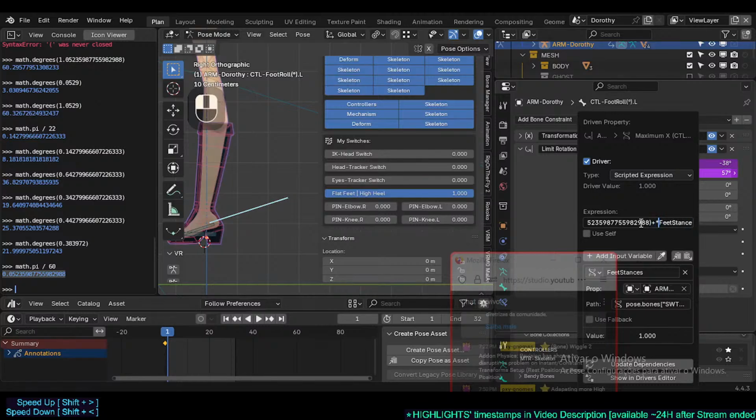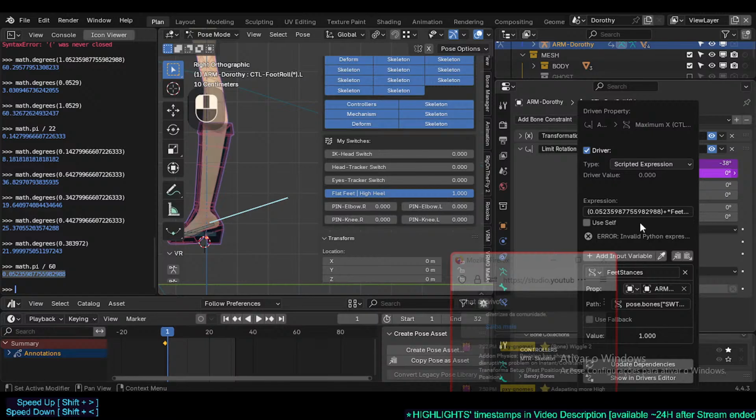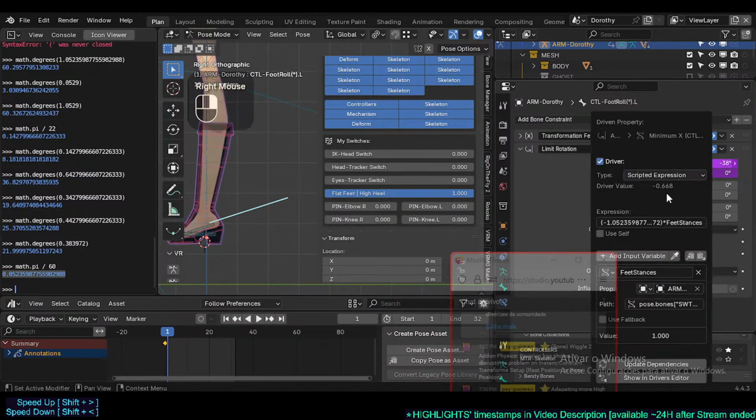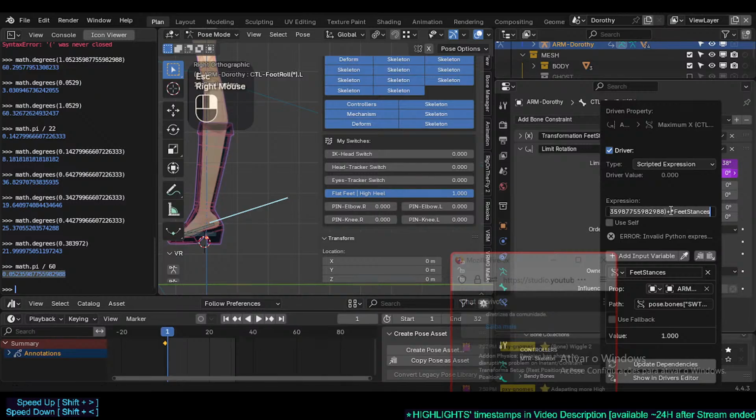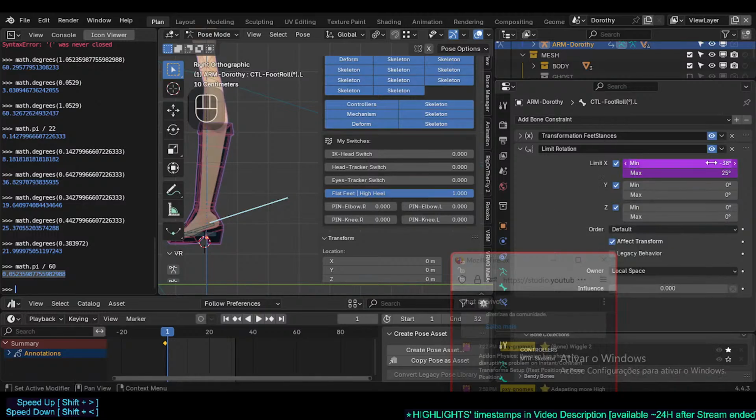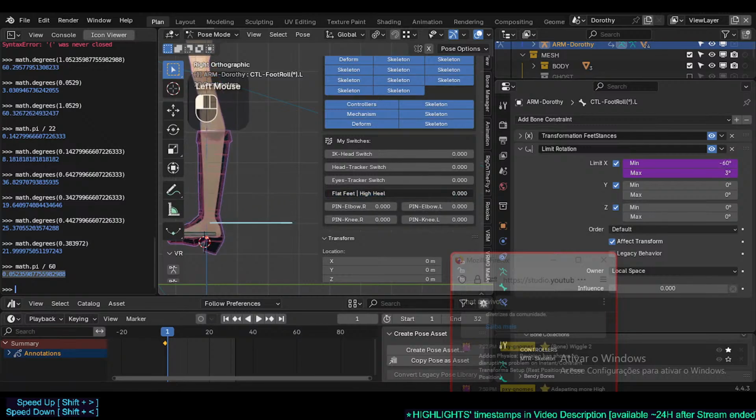Plus something times that. I don't care if it is this same value here. No, we're getting some problem here.